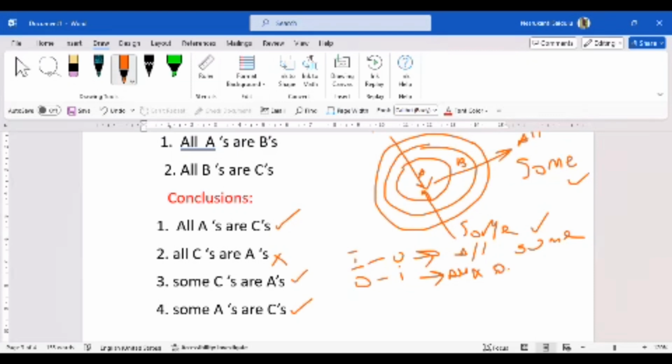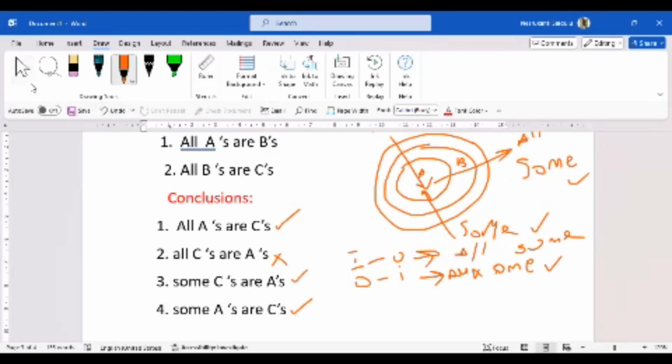Whenever you go from the inner circle to the outer circle, all is always right and some is always right. Whenever you go from the outer circle to the inner circle, all is always false, some is always true. This is a concept.